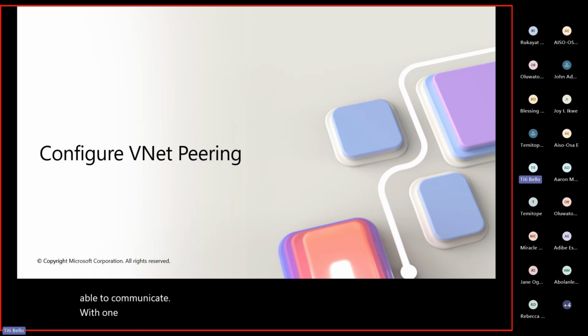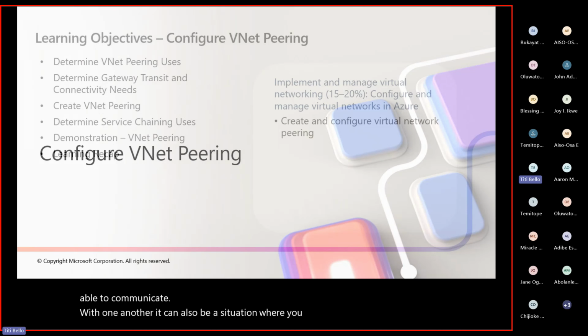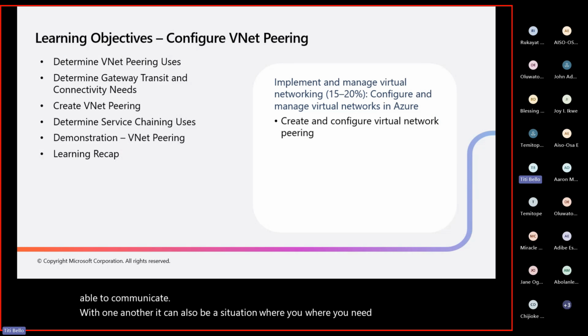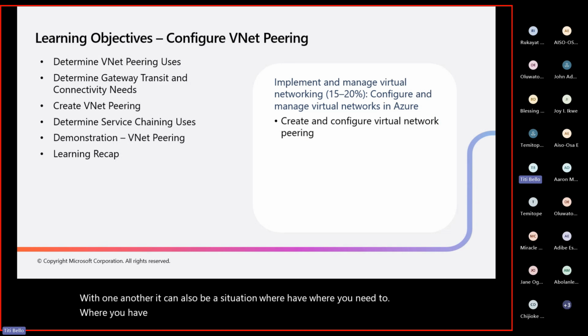It can also be a situation where you have different sites serving different purposes. So at the end of the day, you want one site to still be able to talk to the other.